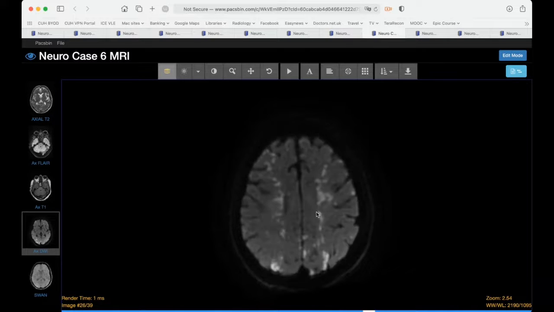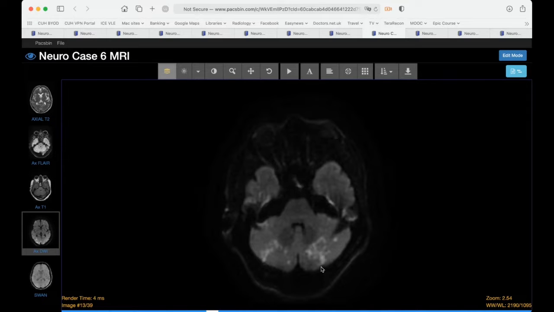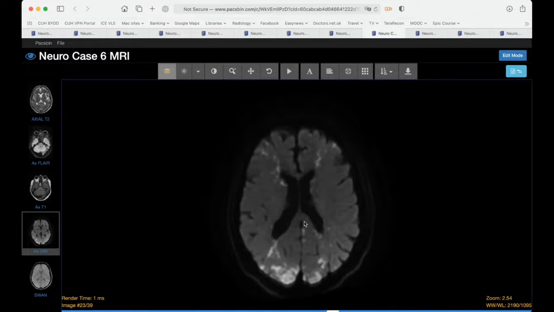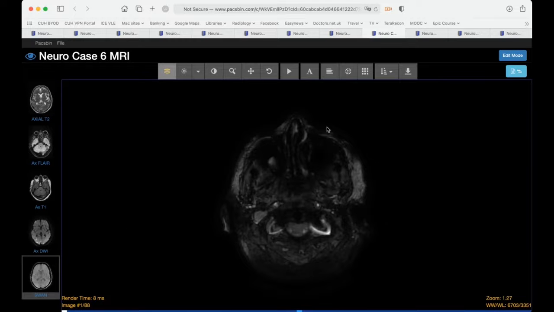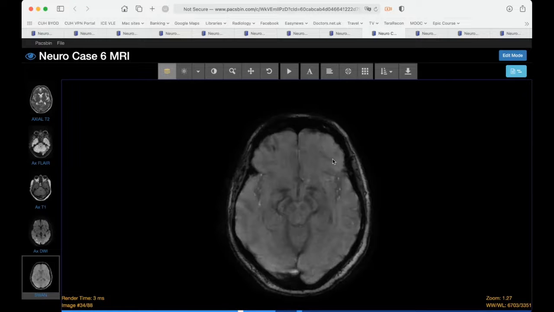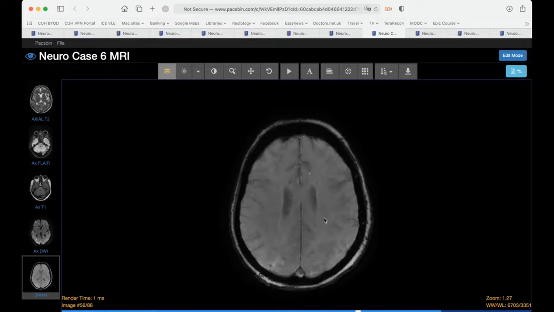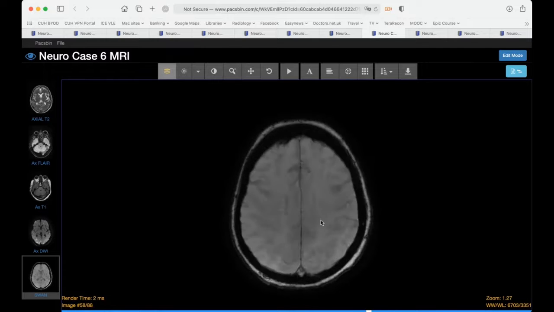All of those foci look like they show restricted diffusion, both supratentorially and quite dramatic also infratentorially. We've also got a susceptibility-weighted sequence here. And notice as you scroll through, multiple microhemorrhages.